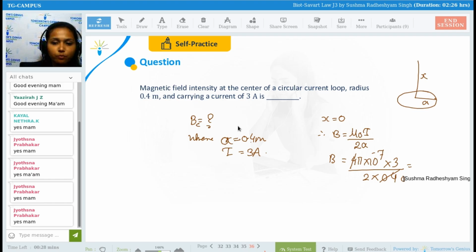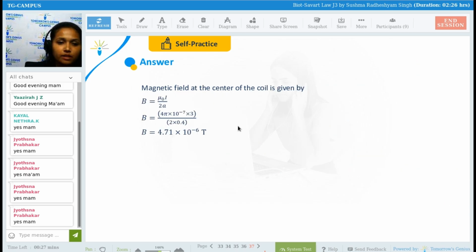The 0.1 goes to the numerator, so we get 10 to the power minus 6, 3 pi divided by 2. 3.14 into 3 is around 9.42. So 9.42 into 10 to the power minus 6 divided by 2 is around 4.71 into 10 to the power minus 6. The unit is Tesla. Clear this?